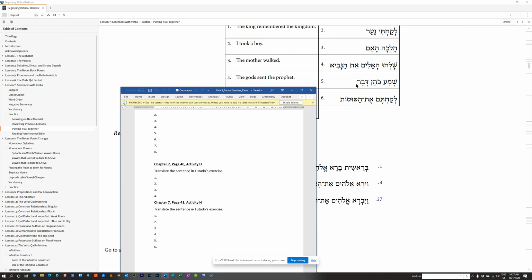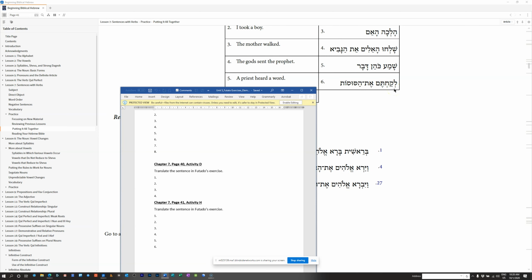But then when we bring the meaning of Shema in, Shema is listen. Well, what usually would be the object of listening? Davar wouldn't be the subject. A word can't hear anything. A word can't listen to anything, so it can't be the subject. But it does make a perfect object of Shema. So with all of those clues, we can gather that this should be a priest heard a word.